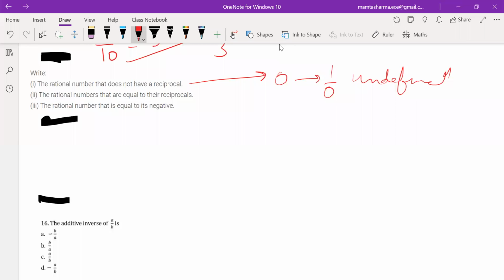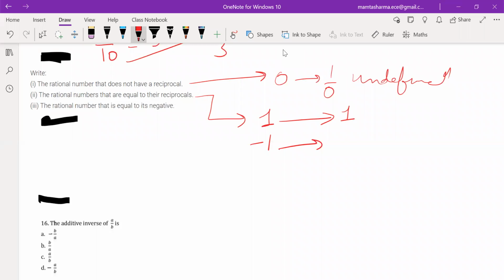Rational numbers that are equal to their reciprocal. Tell me any rational number that is equal to its reciprocal. 1 and minus 1, I think. Are they equal? Yes, ma'am. For 1, the reciprocal of 1 would be 1.